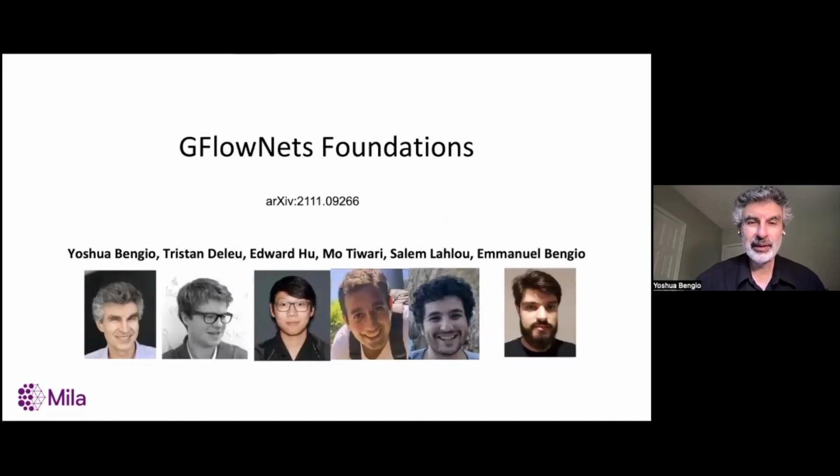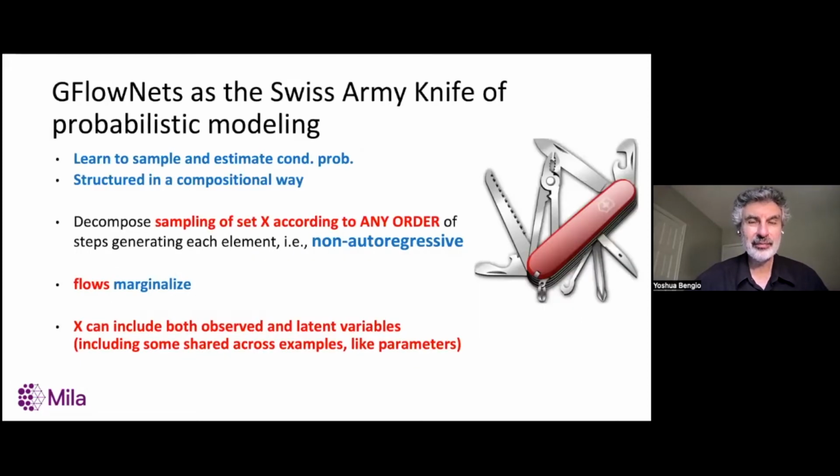Okay, so this is what roughly at a very high level the first paper does. It gives the basis, and we wrote another paper later that came out last November. We call it GFlowNets Foundations, that goes deeper in the math of this, and considers a number of extensions. So how should you think about GFlowNets? The kind of machine learning method that is closest to GFlowNets actually are variational methods, if you know something about them.